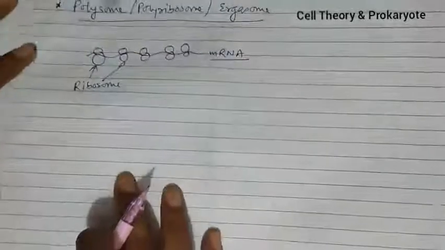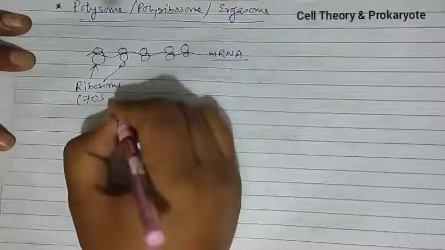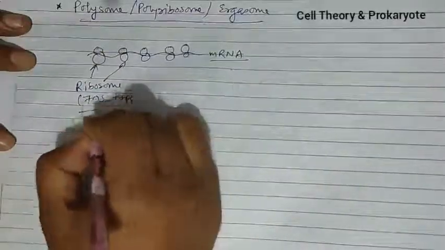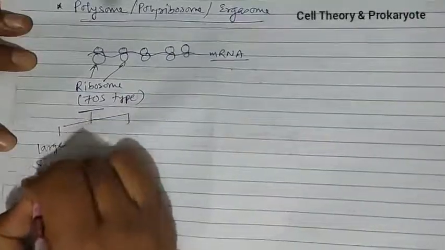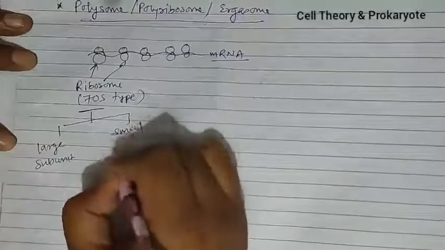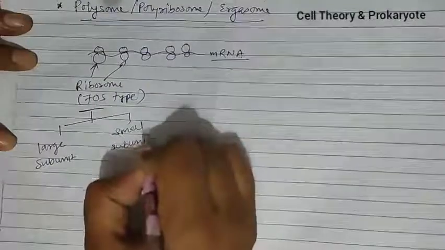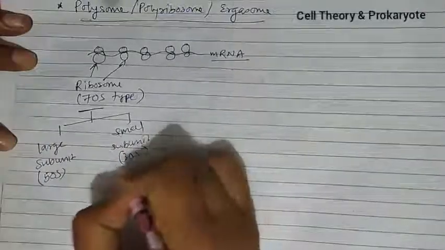So polyribosome consists of many ribosomes on a single mRNA. Now these ribosomes are of 70S type, and 70S ribosome has two things, that is large subunit and small subunit. Large subunit is 50S and small subunit is 30S.